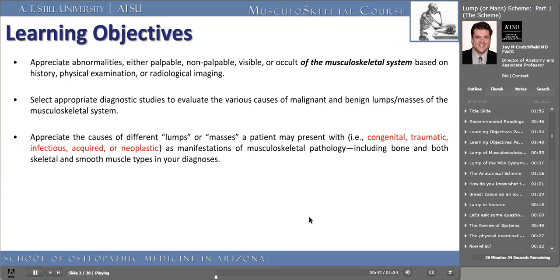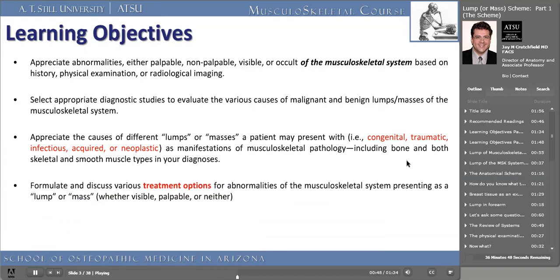I also expect you, of course within the confines of being a first-year medical student, to select appropriate diagnostic imaging in helping evaluate various causes of malignant and benign lumps or masses of the musculoskeletal system. It's important you understand the variety of causes of lumps or masses of the musculoskeletal system your patient may present with: congenital, traumatic, infectious, acquired, or neoplastic.